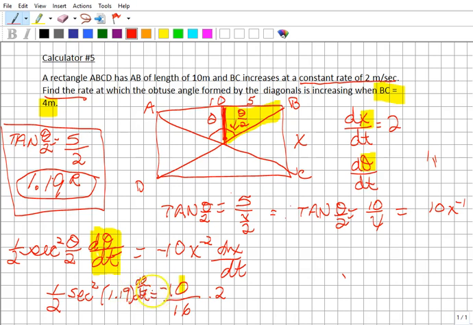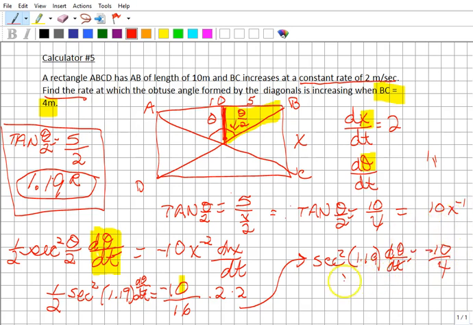So in order to solve this equation for d theta/dt, first I'll multiply both sides by 2. So I get secant squared of 1.19 d theta/dt. Multiply both sides by 2, and I'll get another 2 on this side. So that's 4, cancels into 16, 4 times negative 10 over 4.